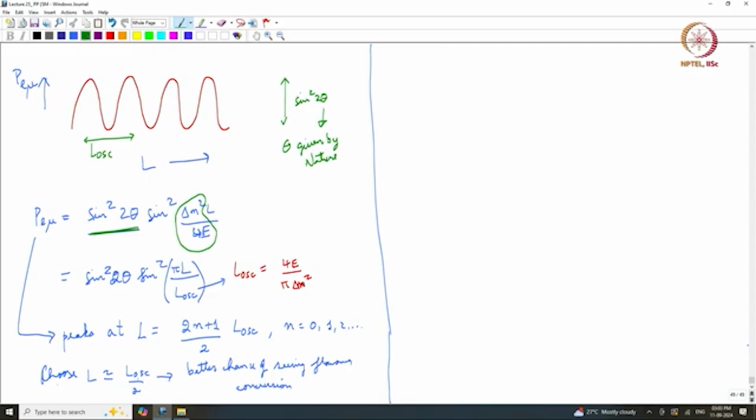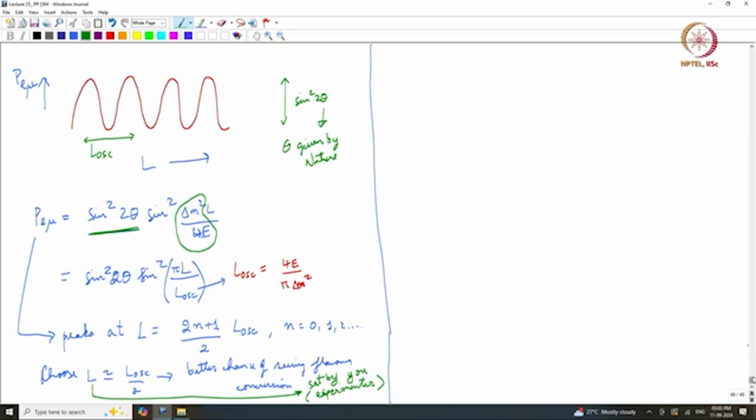So let me write that. I wrote there theta given by nature, so I am going to write here L is set by you, rather by the experimenter. You can decide at what distance down the source you want to measure the conversion probability, okay?